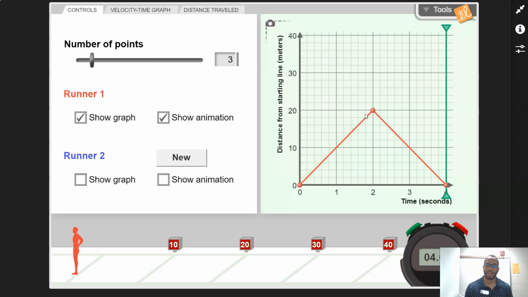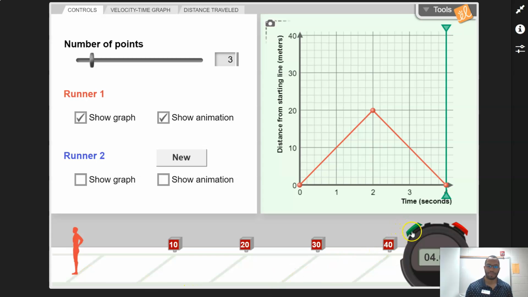Displacement is where you are from where you started. So this runner started at 0 meters. And where is it at the end of the journey? It's at 0 meters. So this means the displacement is going to be 0.